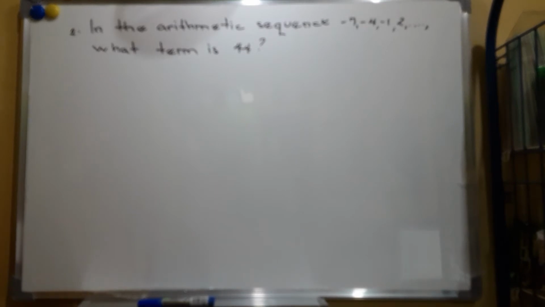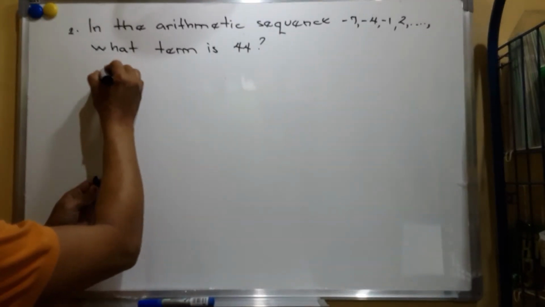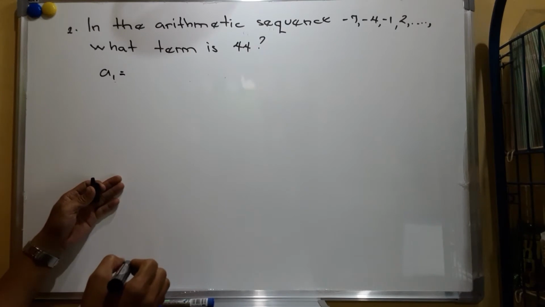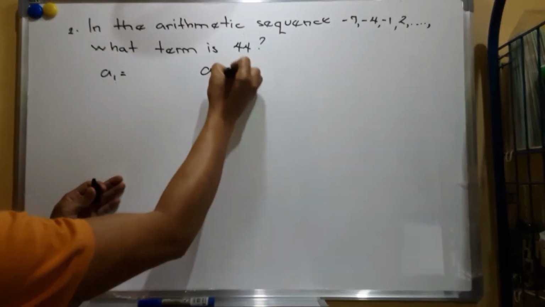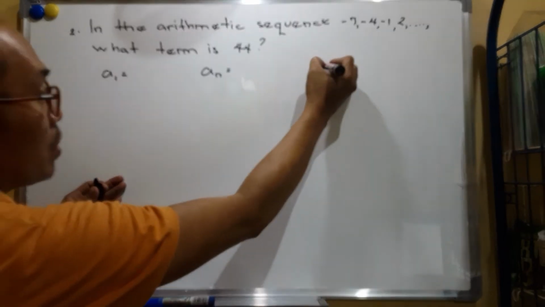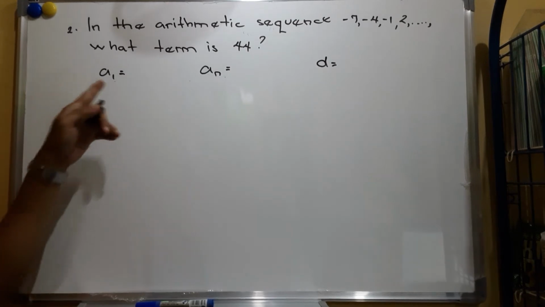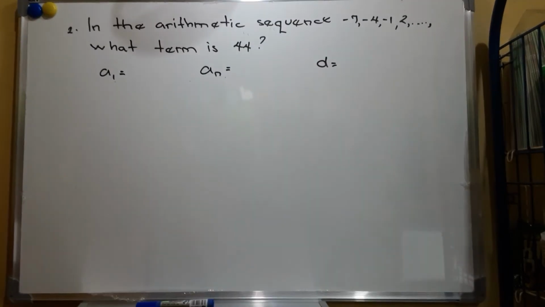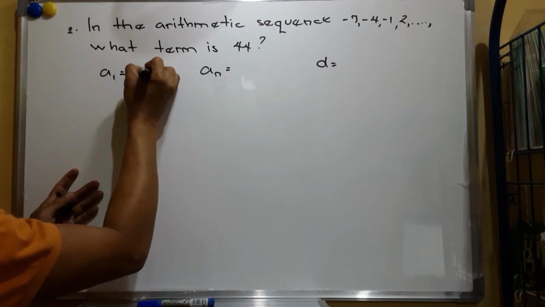So again, all you have to do is, first, identify your a sub 1. Second is your last term, your a sub n, and then your common difference. So, a sub 1 is negative 7.